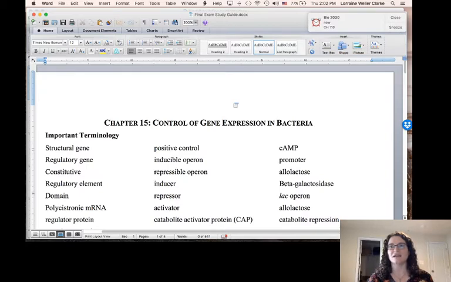And again, it's mostly going to be short answer, fill in the blanks, and a lot of multiple choice, but I'm going to have rotating multiple choice. I'm going to try to do my best to make sure that you guys have unique tests, but that can be difficult, especially with the calculation ones.